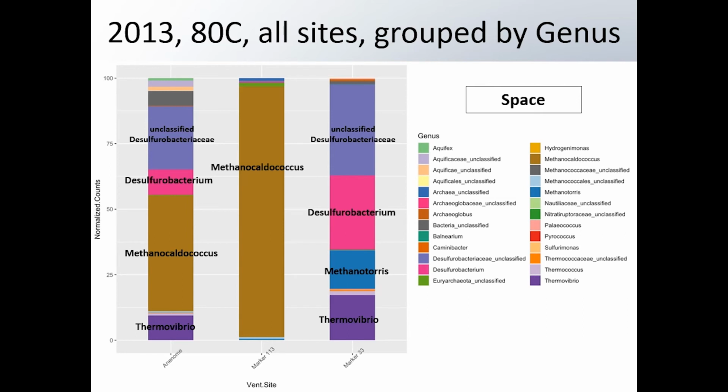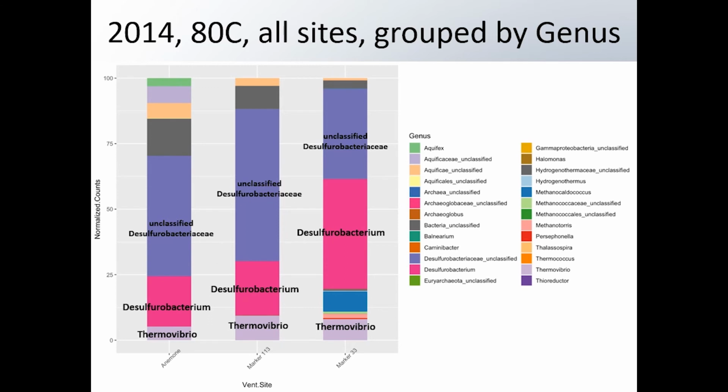Marker 113, which is in the middle, is heavily dominated by Methanococcus, which is a methanogen, and which is why earlier when I showed the drawdown of H2 and the increase in methane, it's due to this domination of this methanogen. Marker 33 has few to none Methanococcus. Likewise, Thermovibrio is present at marker 33 and Anemone, but does not appear at all in marker 113.